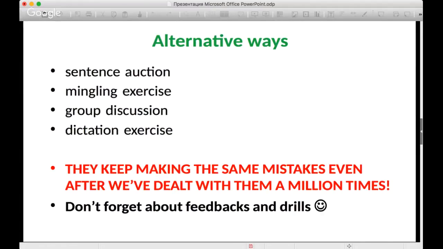Then you can ask your students to change the sentence into the negative or interrogative one, or they can tell the information about themselves, or for example, about their relatives, like "my mother wakes up at 7 o'clock every day," or "they wake up at, I don't know, 10 o'clock because they don't need to go to university," and so on. So try to drill, and don't forget to give feedback to your students.